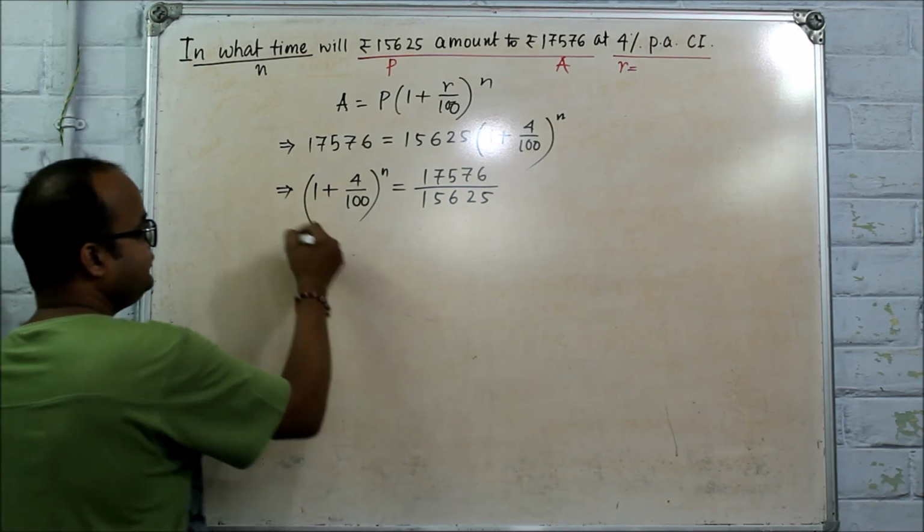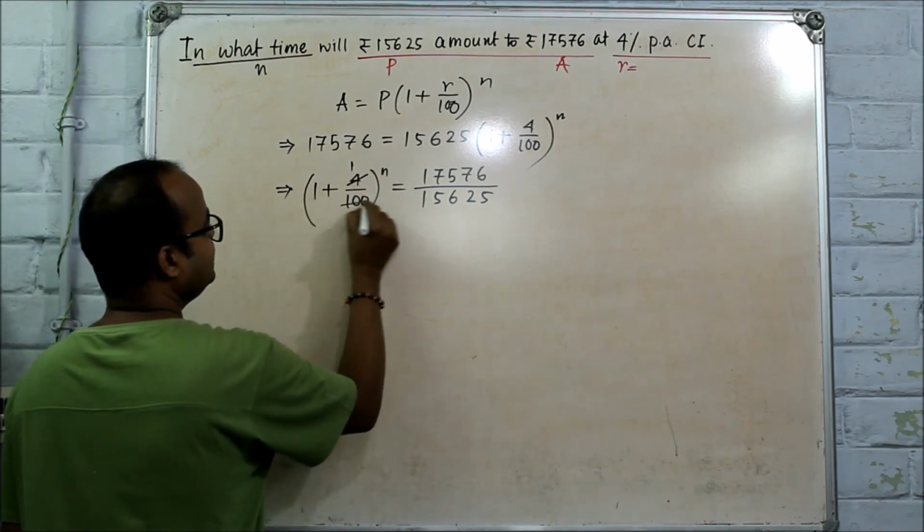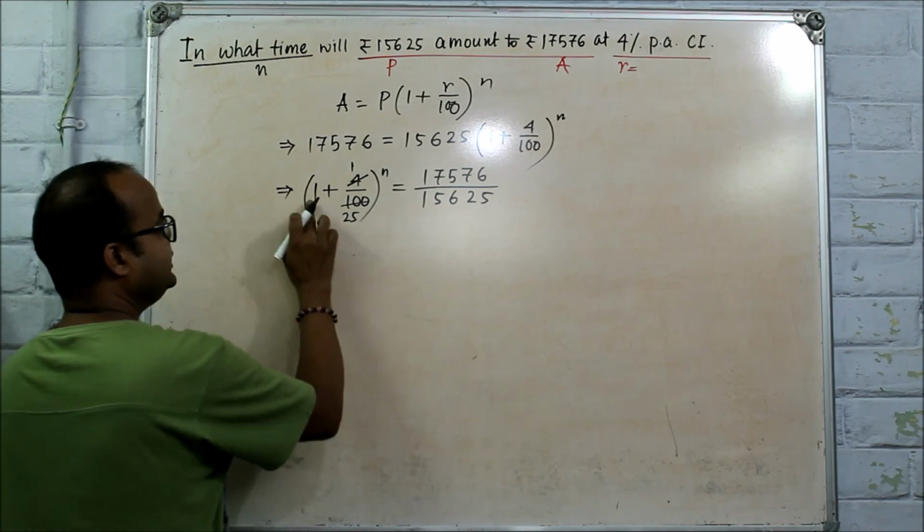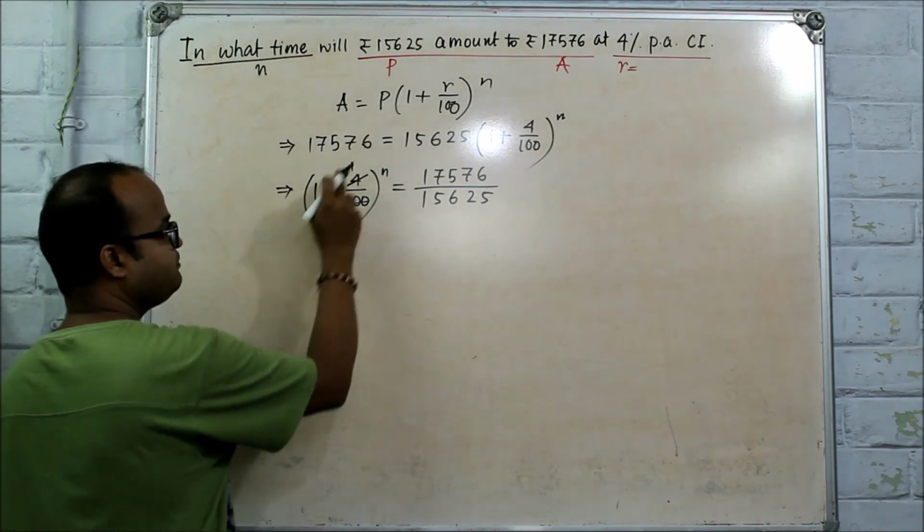Clear? Now if you simplify, 4 1 ja 4, 425. 25 into 1, 25 plus 1.